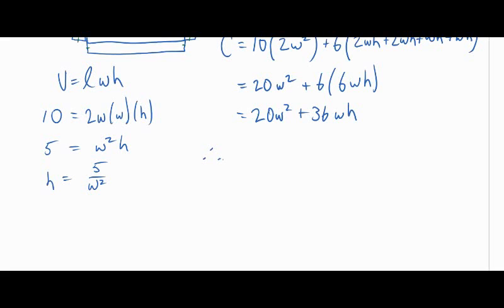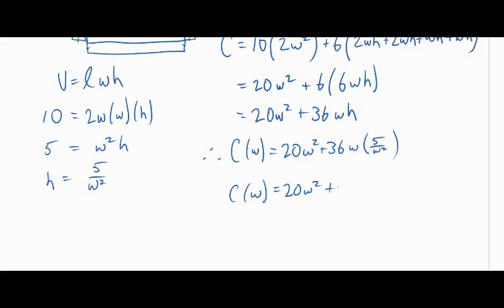Therefore, C at w equals 20w squared plus 36w times 5 over w squared. 36 times 5 gives me 180 w to the negative 1, or 180 over w. And now we have our expression in one variable.